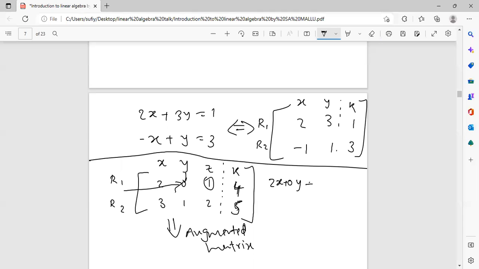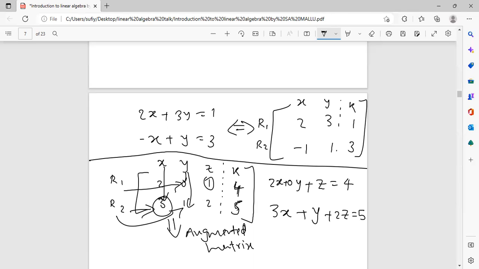So that would say plus z equals the constant 4. In the second equation, row 2, we would have 3x because there's a 3 for x in row 2. Then in column y and row 2, we have 1. So it means there is y plus 2z equals 5.